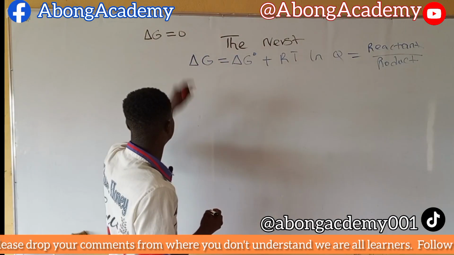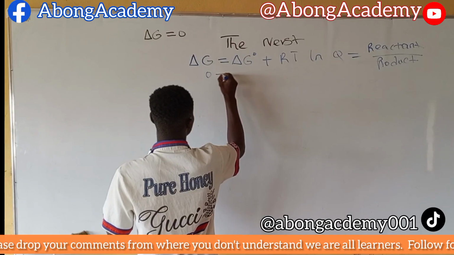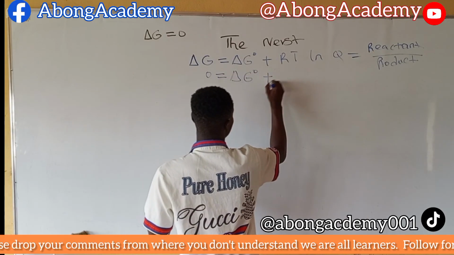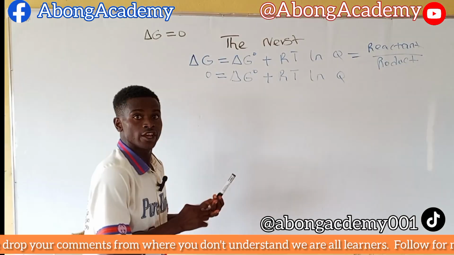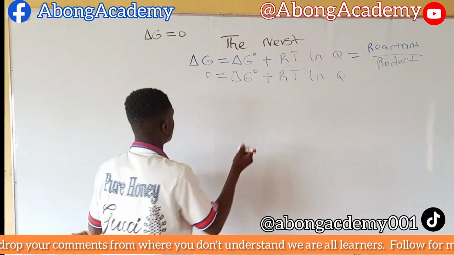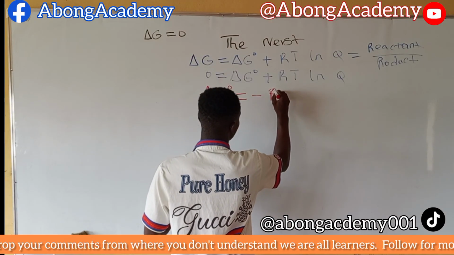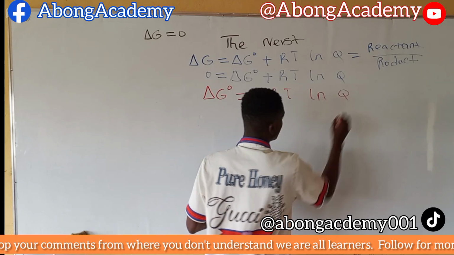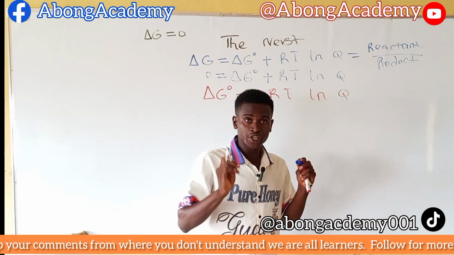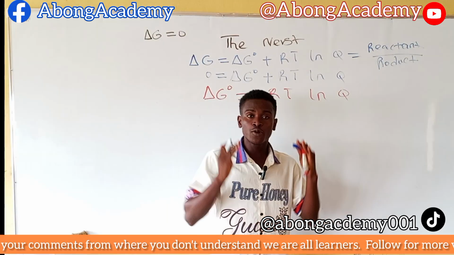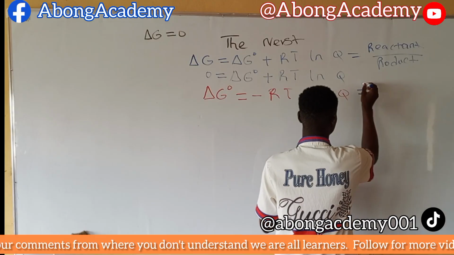When we replace 0 where Gibbs free energy is, that means we have 0 equal to delta G standard plus RT ln Q. And if we take delta G standard to the left hand side, we have delta G standard equal to minus RT ln Q. So another thing here is to take note that Q at equilibrium is represented as the equilibrium constant, which is equal to K. Take note of this.